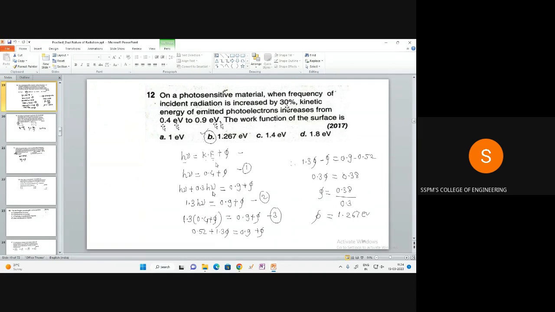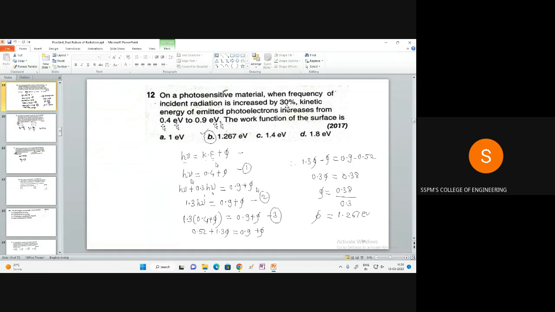Okay. 30% that is 0.3 h nu equals to, what is the kinetic energy increase, 0.9 plus phi. So comparing these two equations, h nu plus 0.3 h nu, that is 1.3 h nu, equals to 0.9 plus phi.